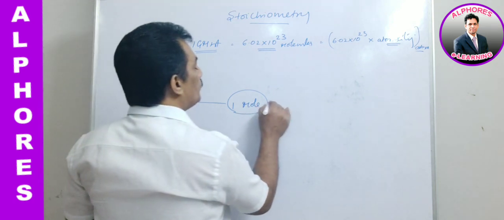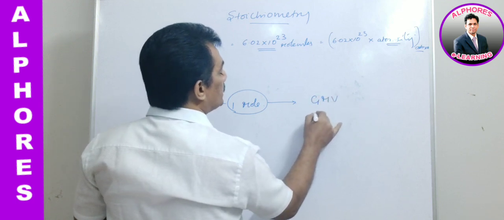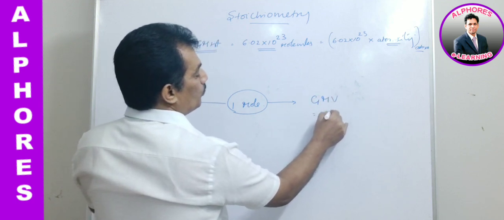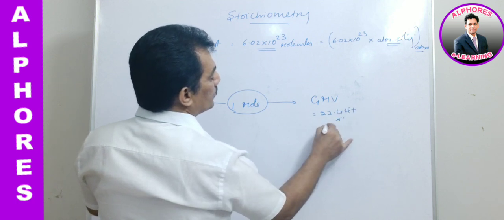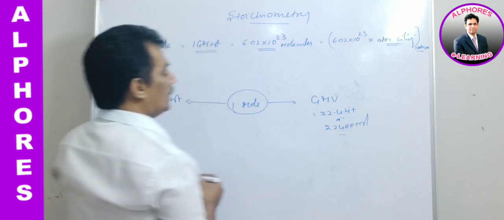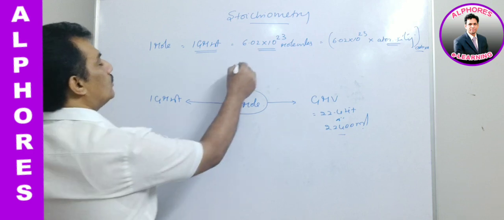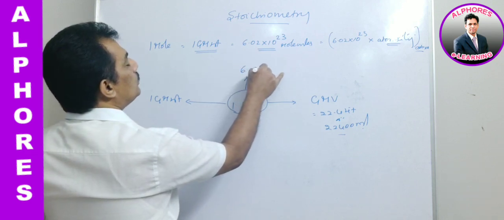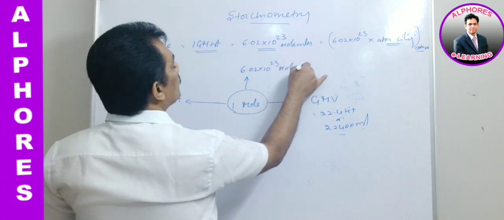In volume it is gram molar volume, that is equal to 22.4 liters, or 22,400 ml. In the other direction, this 1 mole is equal to 6.02 into 10 to the power 23 molecules.